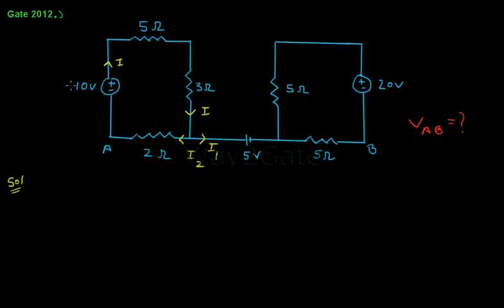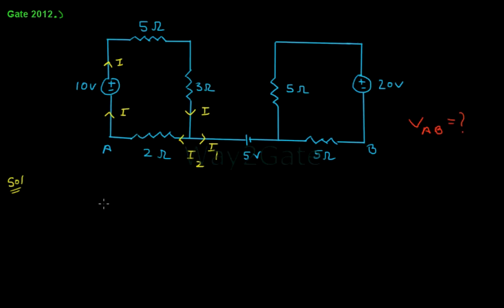As we know, current remains constant across the voltage source. Therefore, the same amount of current, that is I, has to come back.